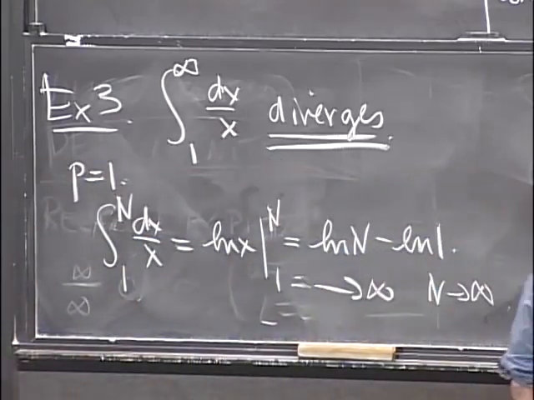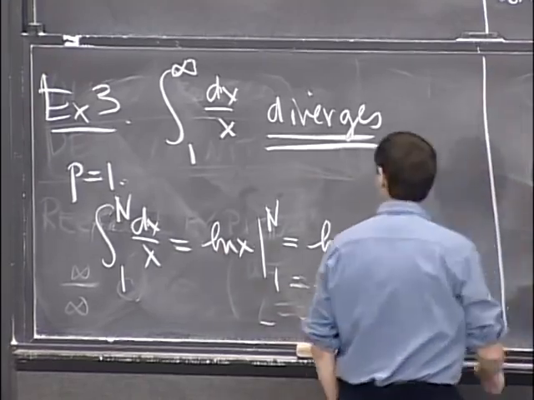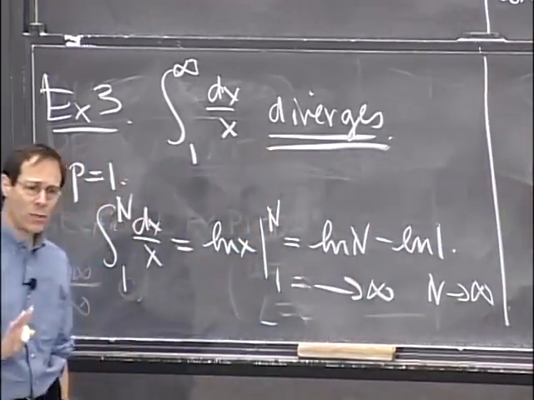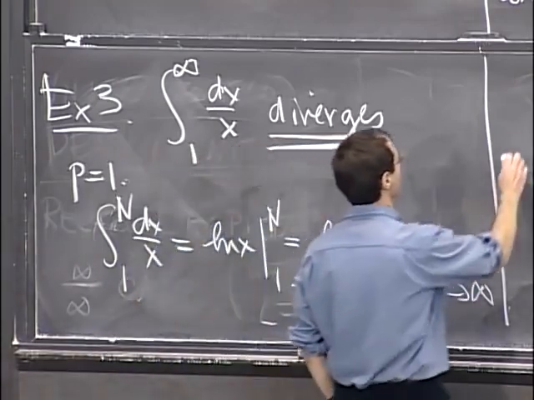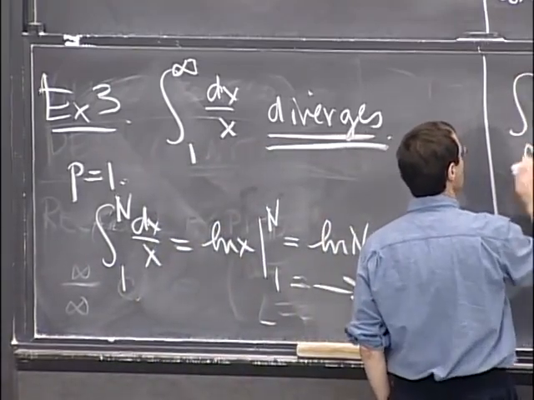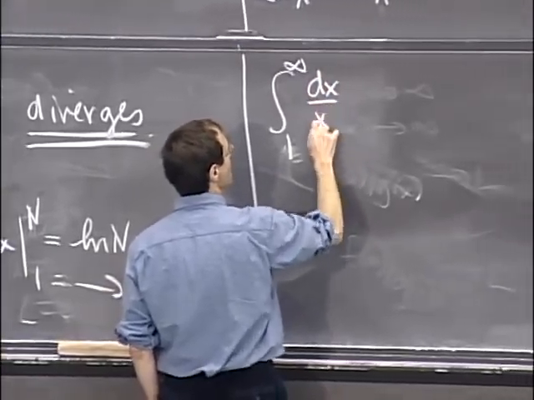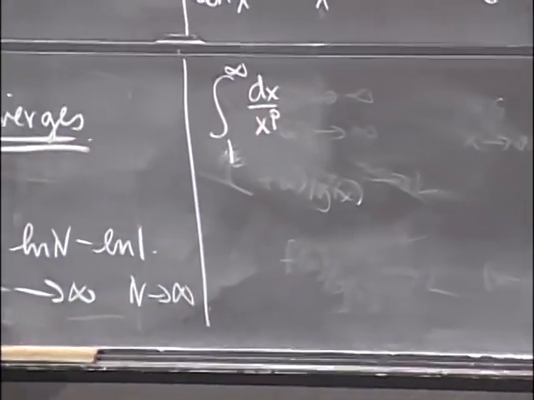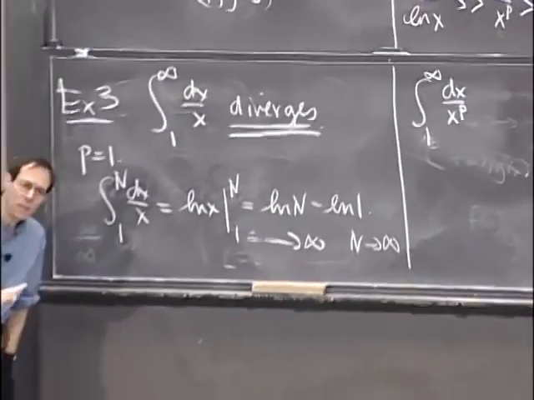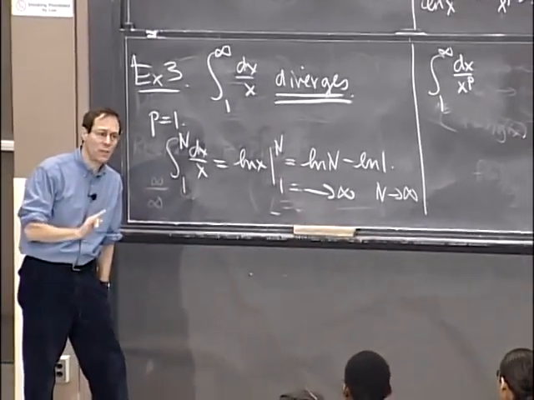Now, I'm going to do this systematically with all powers p to see what happens. I'll look at the integral from 1 to infinity dx over x to the pth power, and see what happens with these. And you'll see that p equals 1 is a borderline when I do this calculation.